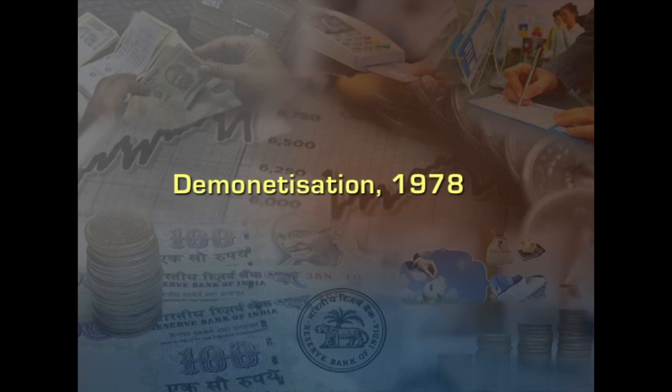Demonetization 1978. The next round of demonetization happened in 1978. On January 16, 1978, the President promulgated the High Denomination Bank Notes Demonetization Ordinance 1978.